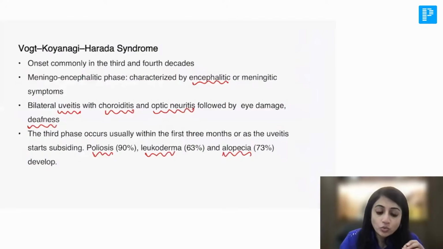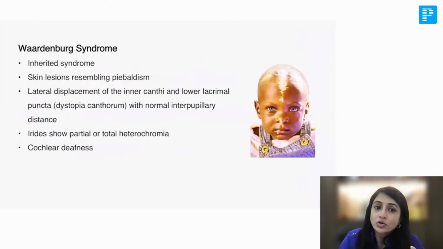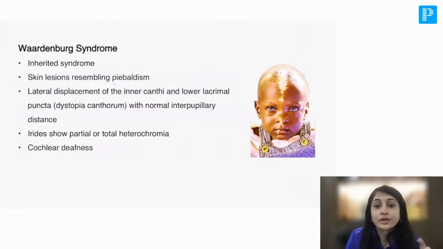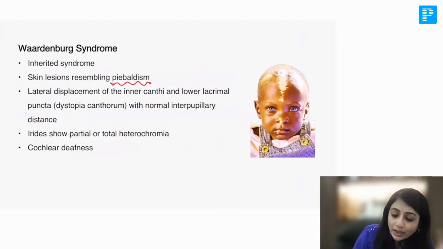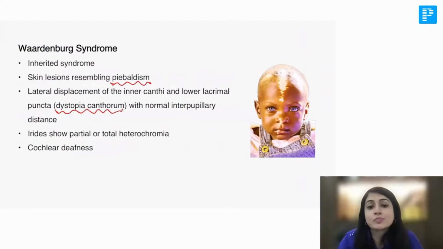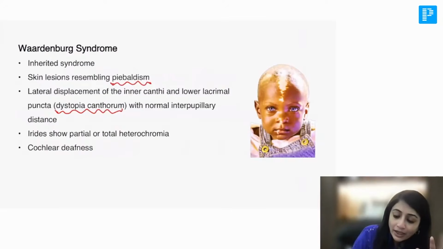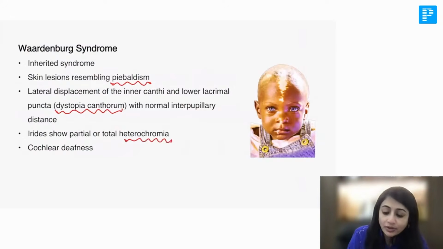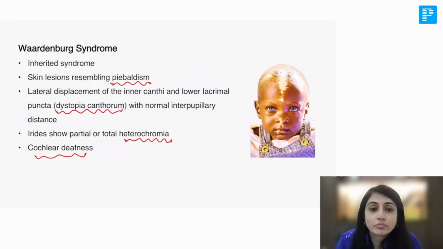Now, coming to Waardenburg syndrome. Waardenburg syndrome will have skin lesions resembling piebaldism. In VKH, you do not have piebaldism. If you have piebaldism with dystopia canthorum, which is lateral displacement of the inner canthi and lower lacrimal puncta, along with heterochromia of the iris and cochlear deafness, you have to think of Waardenburg syndrome.